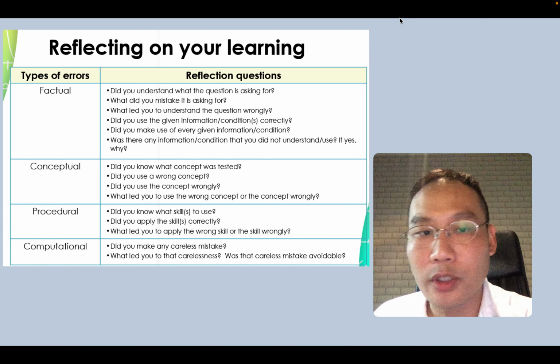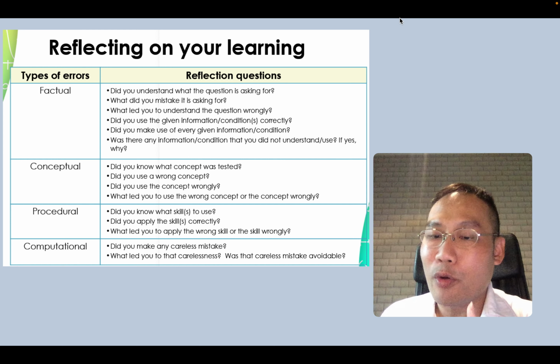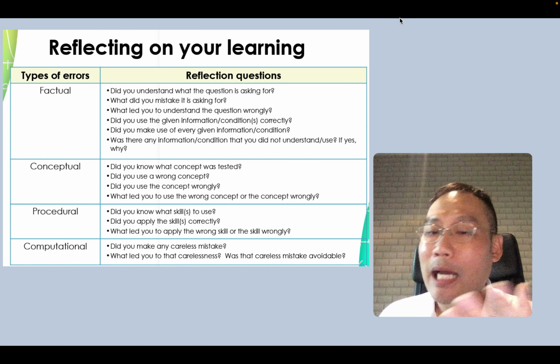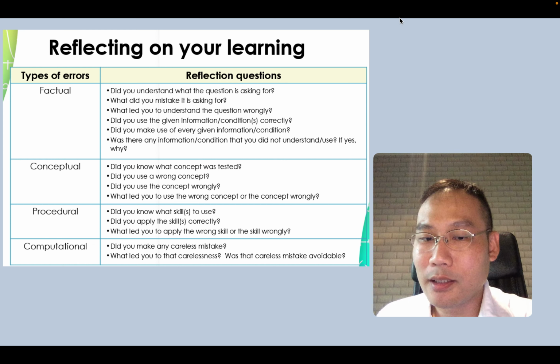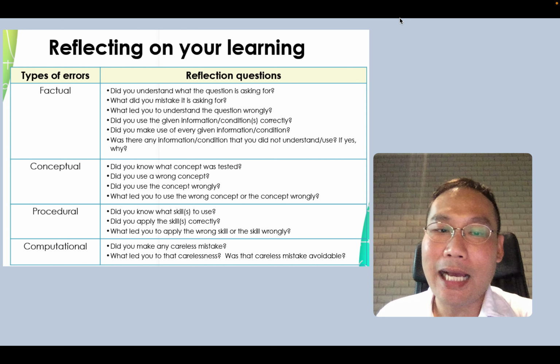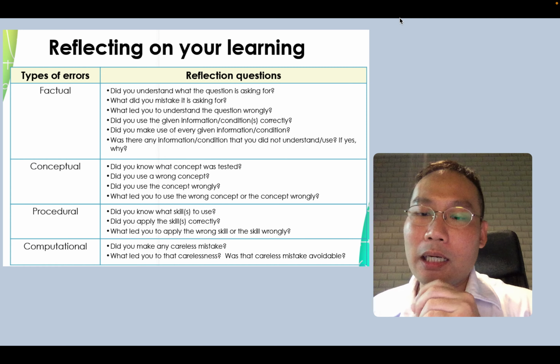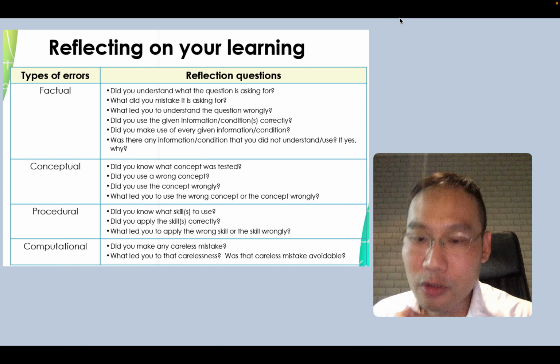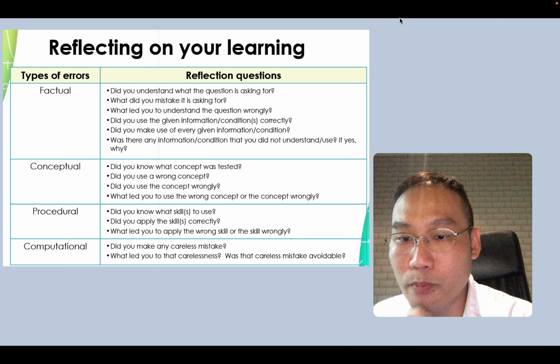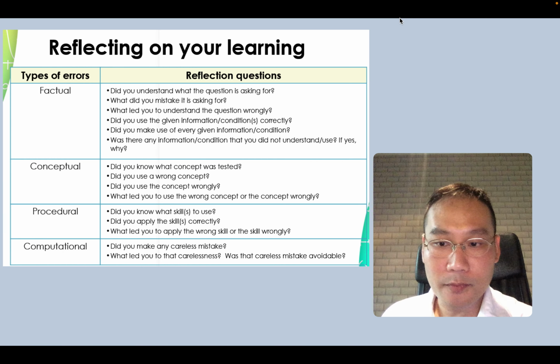Remember, asking ourselves questions to figure out each time we make a mistake which type of error it is. And when we can identify the type of error, that's where we know how to apply the correct corrections, and that's where true mathematics learning takes place. All right?